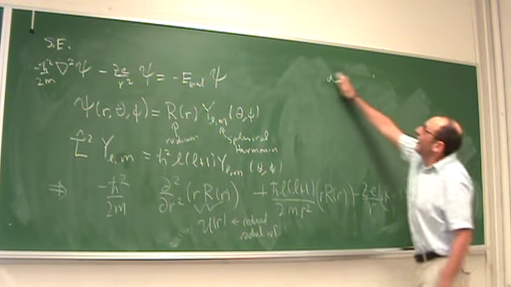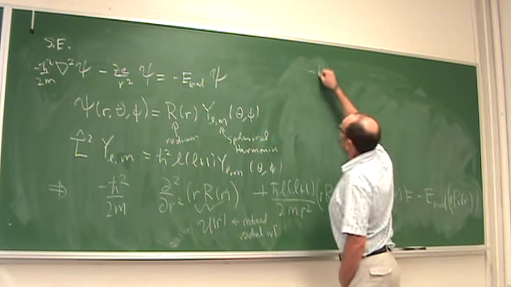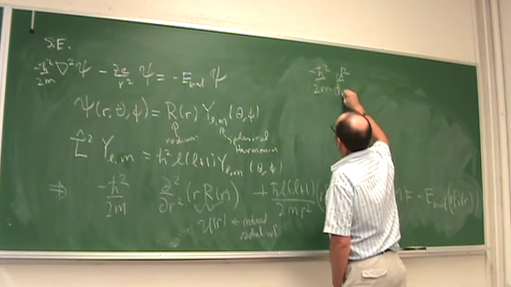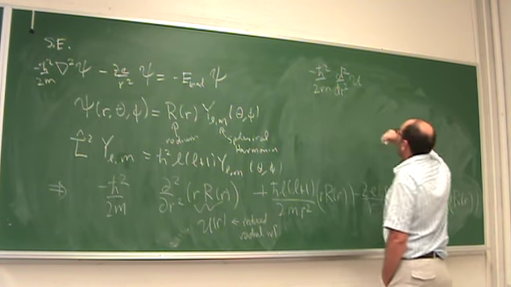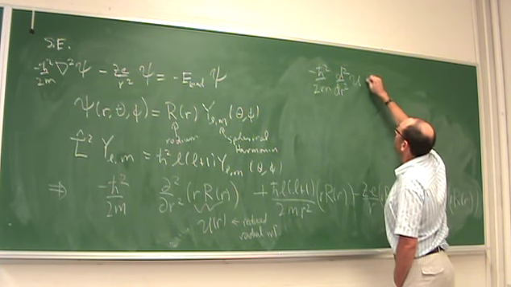In which case, our Schrödinger equation reduces to a one-dimensional ODE that looks like a 1D Schrödinger equation.